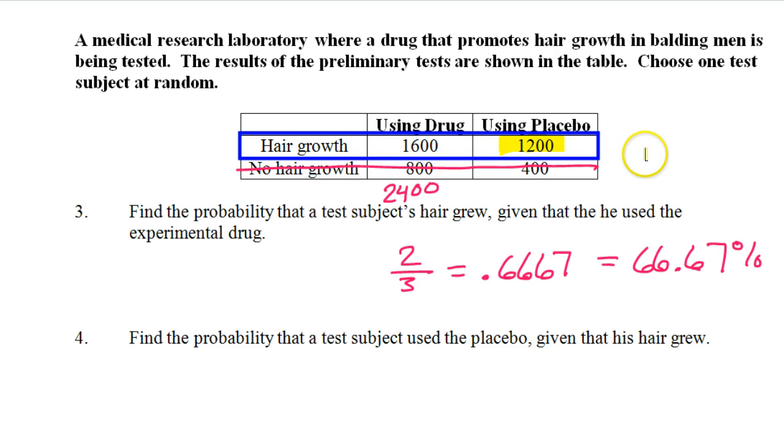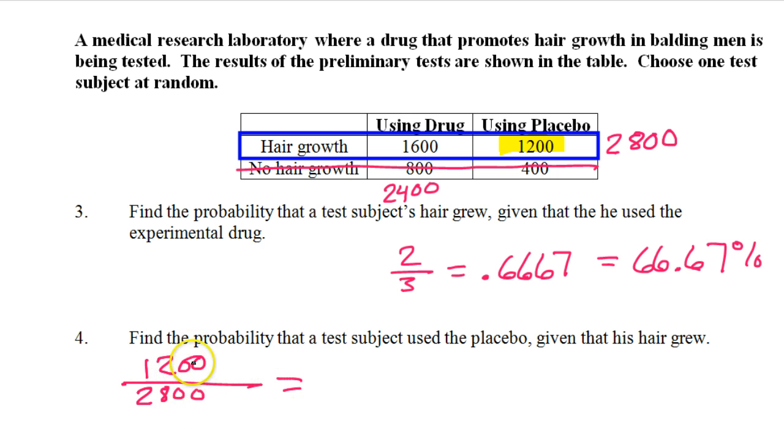And again, we'll need the total for this row. So let's see, 2,800. Yeah, that's the total. So target over total, placebo over total: 1,200 over 2,800.